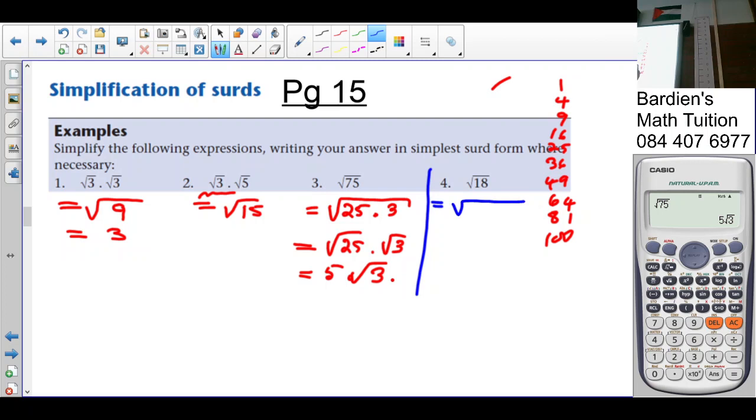What is the largest perfect square that goes into 18 without a remainder? 9. And it's going to be 9 times 2. So that will be the square root of 9 times the square root of 2. The square root of 9 is 3. So it will be 3 root 2. Alright, you guys understand?